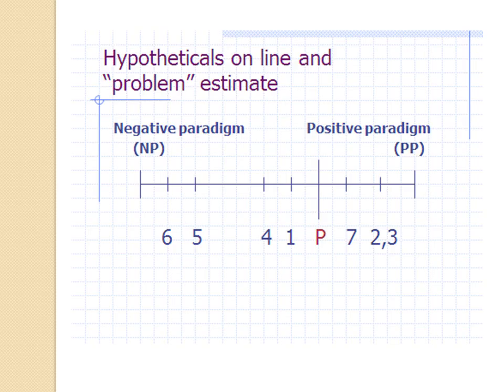Points number 7, 2 and 3 are in favor, saying no problem, even if it's done, it can be treated and it's all right. So this P tells that they should go for positive paradigm. The final decision should be positive paradigm.